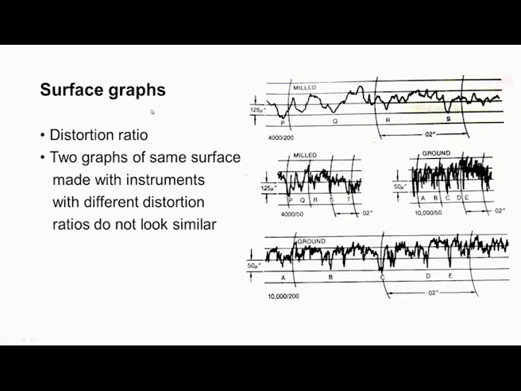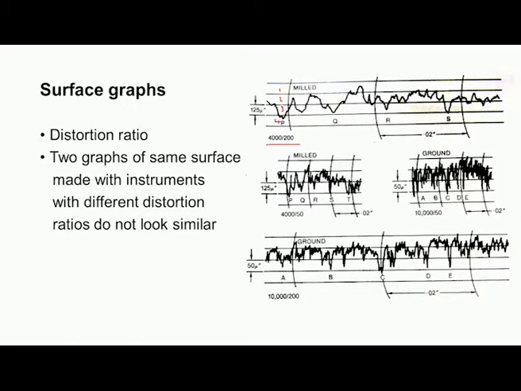Now, we should understand one more thing, that is distortion ratio. You can see here we have 4000 divided by 200. 4000 is the vertical magnification. You can see 4 parts here: this is the first part, this is the second, this is the third, and this is the fourth part.